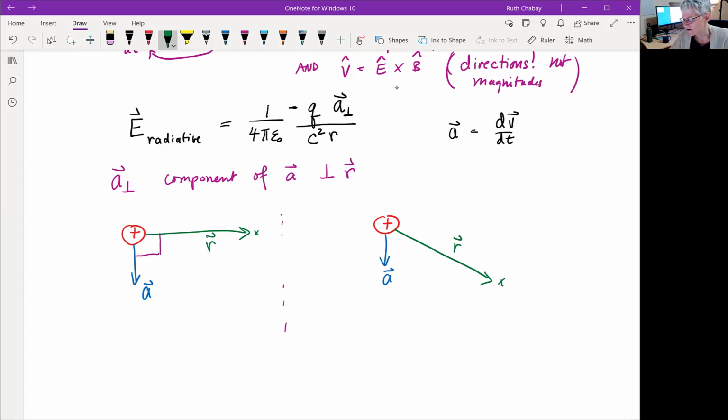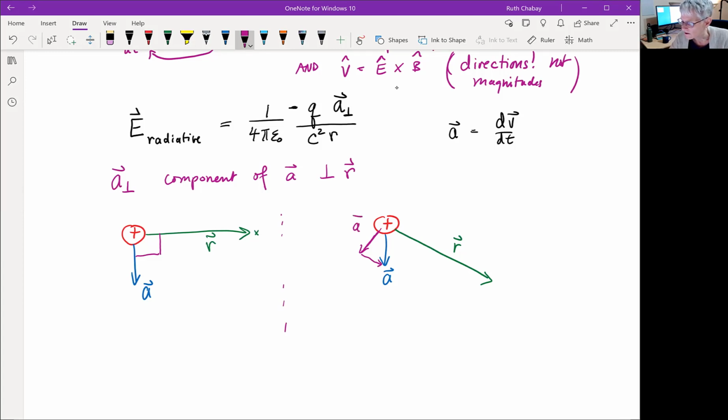Well, the acceleration is not perpendicular to r, but we can express this acceleration as the sum of two vectors. So this would be a vector perpendicular to r, and that would be a vector parallel to r.